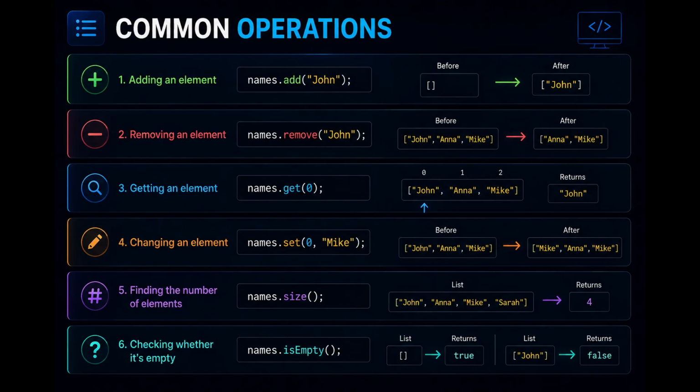Here are the most common operations for array list. Add for adding an element. Remove for removing an element. Get for getting an element, set for changing an element, size for finding the number of elements, is empty for checking whether the ArrayList or array is empty.